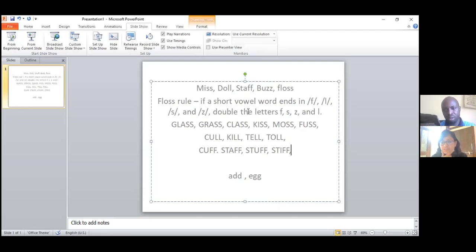The question which has come is, in the word glass, why is A not giving the short vowel sound and still it is double S? In the word grass, it's not the short vowel sound like in add.